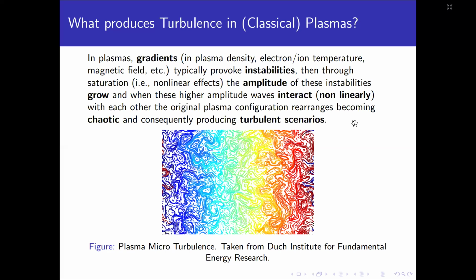And when these higher amplitude waves interact with each other nonlinearly, the plasma configuration rearranges, becoming chaotic, and consequently producing turbulent scenarios. For example, this is a simulation of plasma microturbulence, and as you can see, it is very chaotic, right?